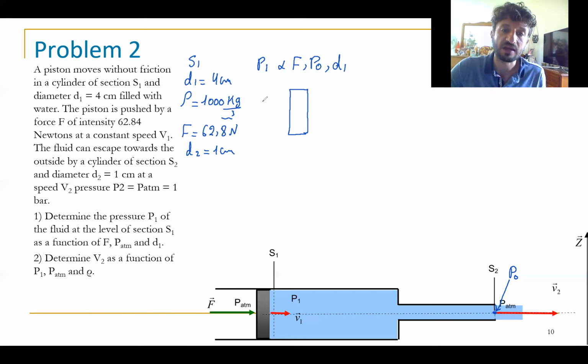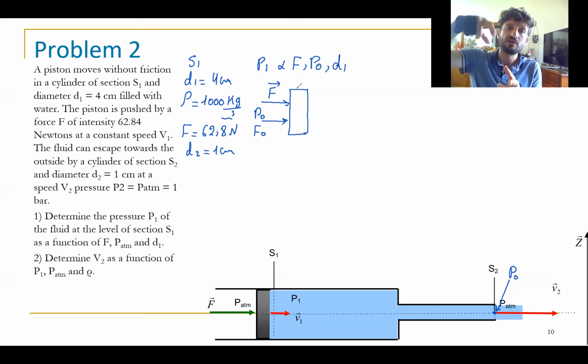From the left side, we have F applied by an external agency, and we have P0 applied on the object, so F0 equals P0 times S1. The section of the piston is the same as the section of the cylinder.